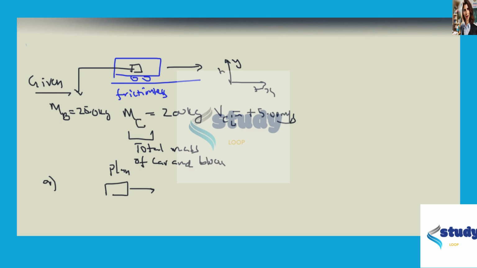So what's going to happen if you throw the 25 kilogram mass sideways? Remember the car is moving eastward. We want to find the final velocity, v final, of the car if you throw this block sideways.